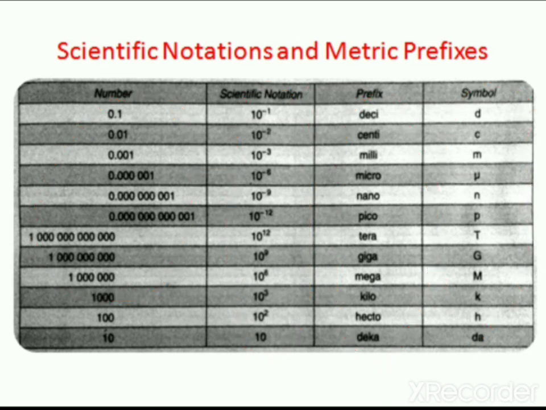We can see the representation of quantities in multiples of 10 raised to 3 or 10 raised to minus 3 is mentioned in table, which is called as a engineering notation.